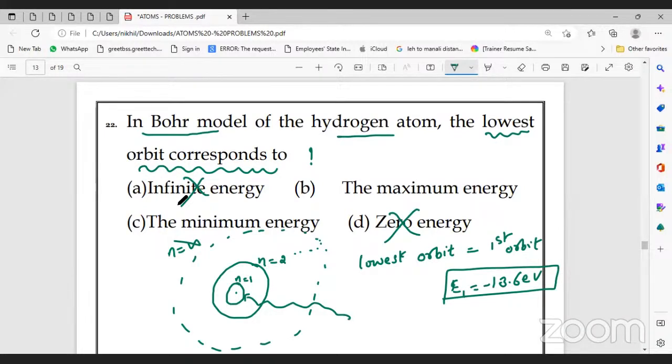Then what? It is a maximum energy or a minimum energy then? You know that as this orbit number increases like 2, 3, 4, 5 and so on, its energy value goes on increasing.